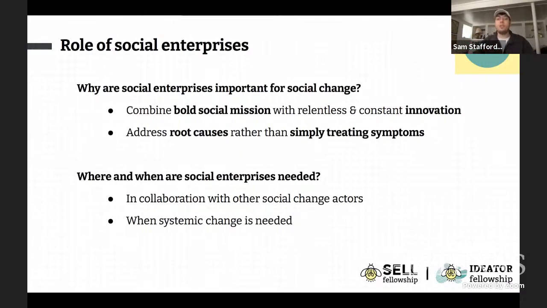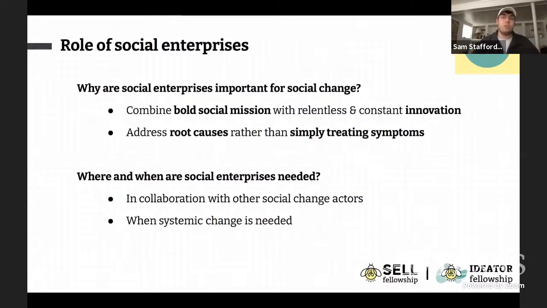The better solution is to take the trash factory and get rid of it rather than to sit at the end of the river and pick up all the trash. So when we're addressing root causes, we're going to the root of the issue rather than treating the symptoms, which is really an important thing in terms of social entrepreneurship.